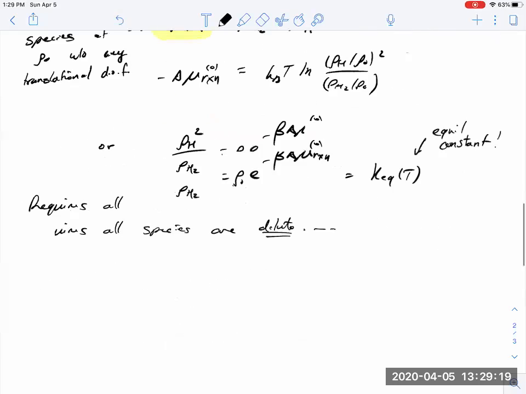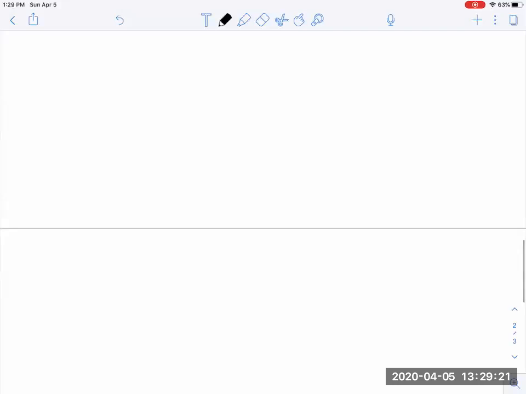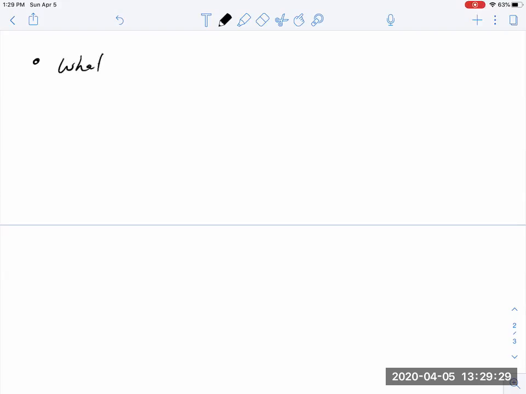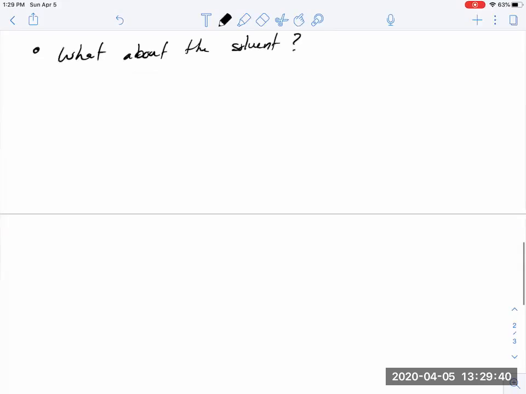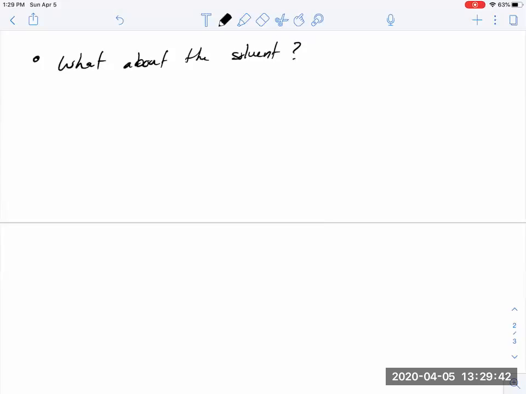You might wonder now, we've spent a lot of time talking about the solutes in these dilute solutions. Can we say anything about what happens to the solvent? Now, it should make some sense that something has to happen to the solvent.